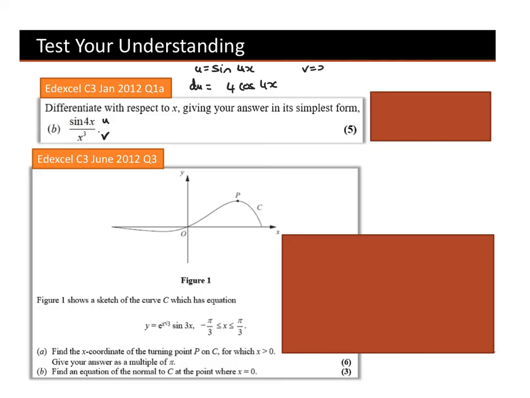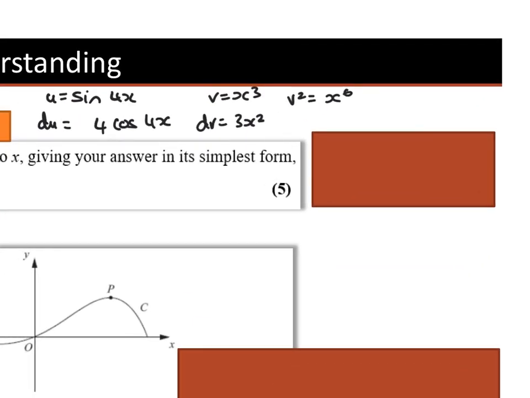My v is x cubed, differential of v is 3x squared, and then v squared is x cubed squared, which is x to the power of 6.